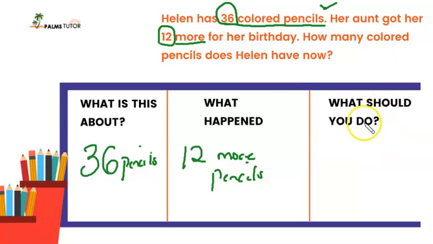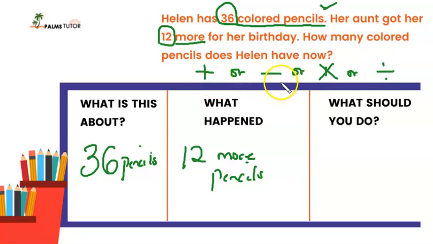Now, what you should do is usually around the 4 basic operations in math. It's about your addition or subtraction or multiplication or division. So when someone has more, is it addition? Is it a subtraction?